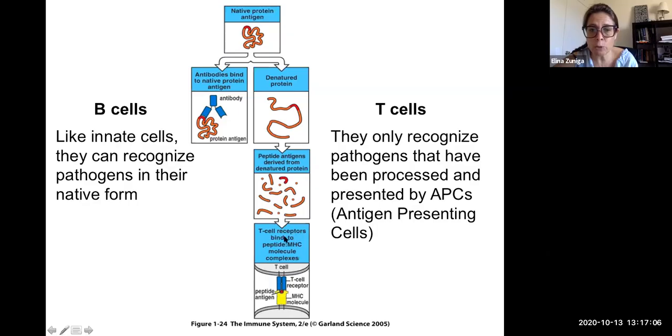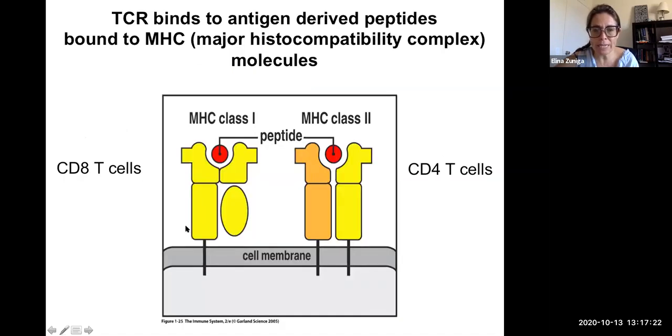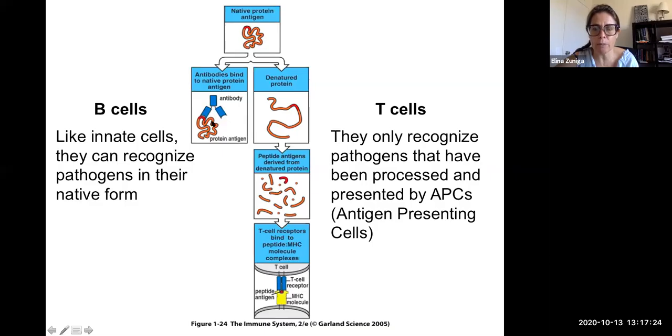So the T cell receptors bind to the complex formed by the peptide antigen and the MHC molecule. So that's the difference between how B cells, BCR or antibodies recognize the antigens and how T cells recognize the antigens. So T cells only see the antigens when presented in MHC molecules on the surface of antigen presenting cells.